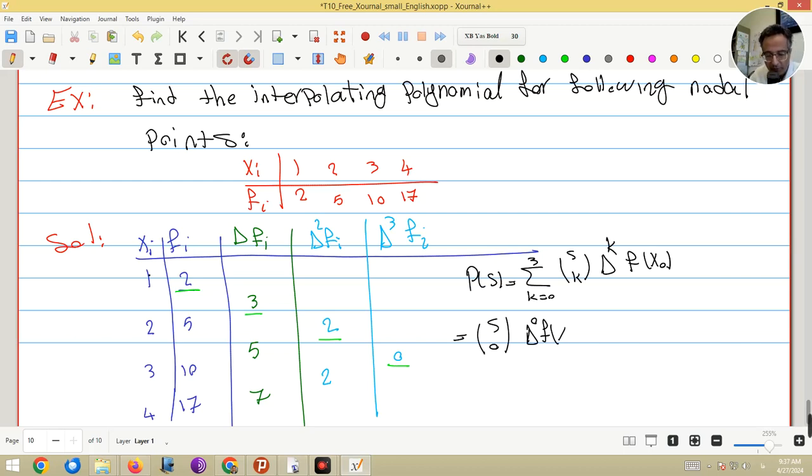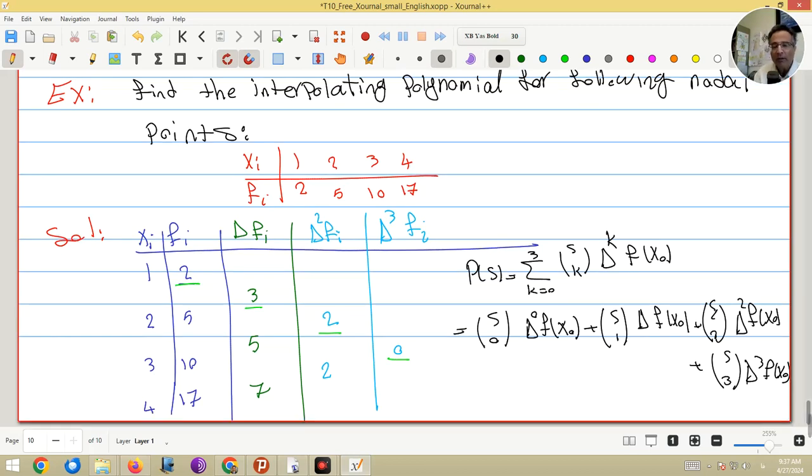Let me write: x0, no difference, plus combination 1 of s delta f of x0, plus combination 2 of s delta 2 f of x0, and finally plus combination 3 of s delta 3 f of x0. Okay, now I have these terms. Delta 0 of f of x0 is 2.